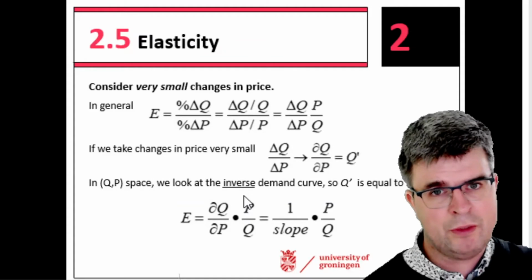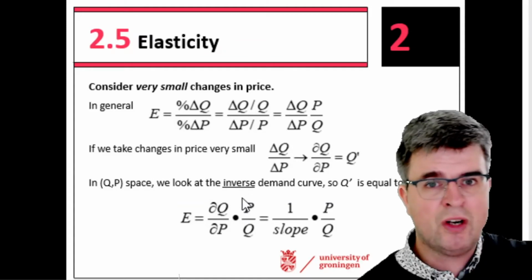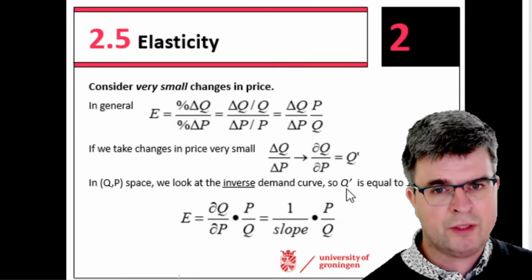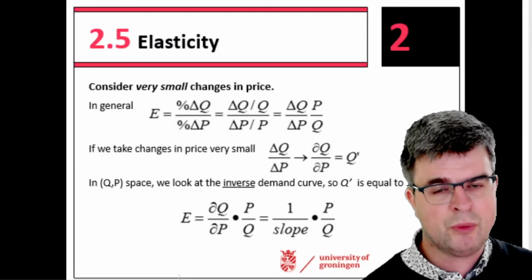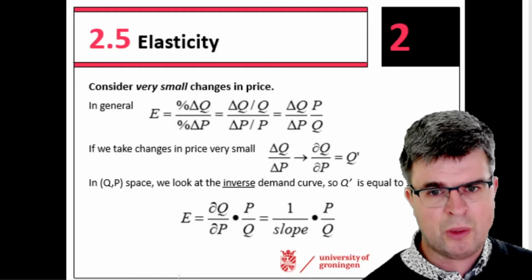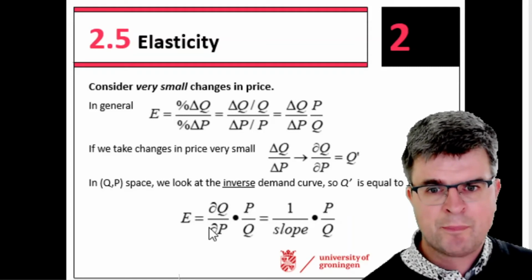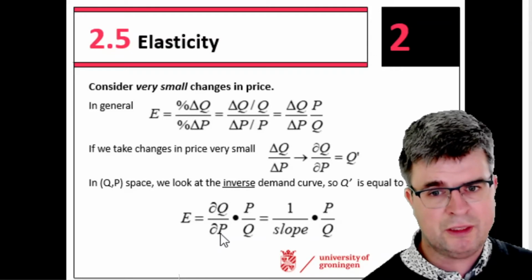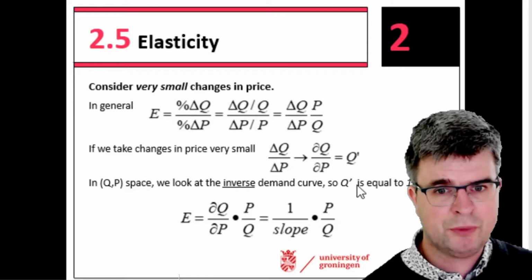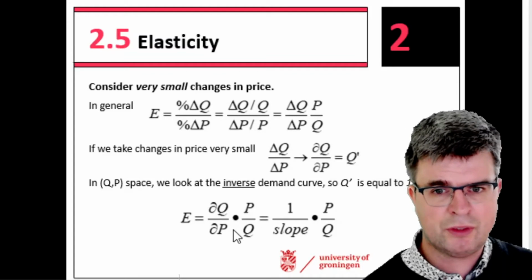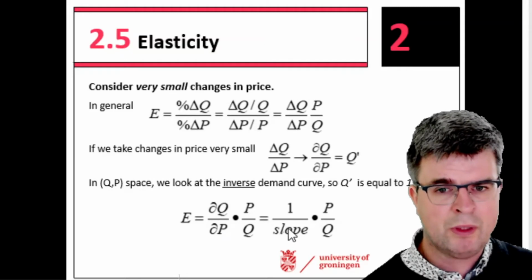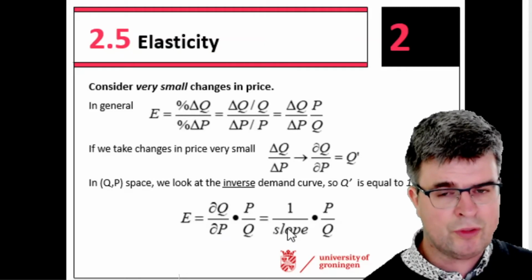So we have the P on the left-hand side being a function of the quantity. So the derivative of the demand function is equal to 1 over the slope. So in the formula, the inverse demand function is the inverse of the demand function. We take the derivative of the demand function. So the derivative of the demand function is 1 over the slope of the curve that we observe.